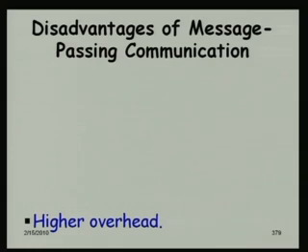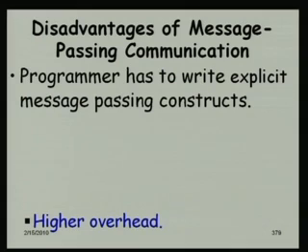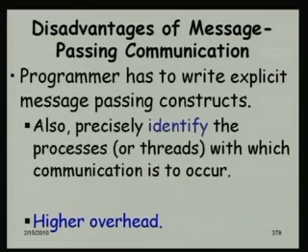there are also disadvantages with the message passing communication. That is why you will find that multiprocessors are possibly used more heavily than distributed systems. One is the programmer does extra job, writes message passing constructs. You have to precisely identify the process to which communication is to occur.